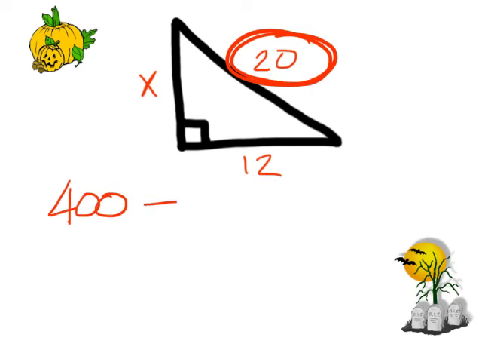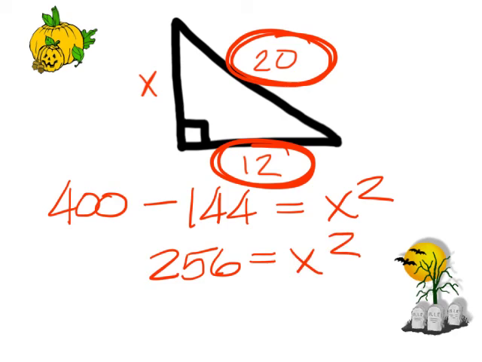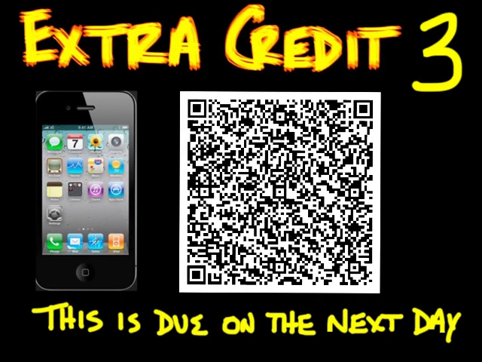Square the 20, and that gives you 400. Subtract the square of 12, which is 144, and that'll be equal to x squared. What's left over here is 256 equals x squared, and find the square root of both sides to get 16.